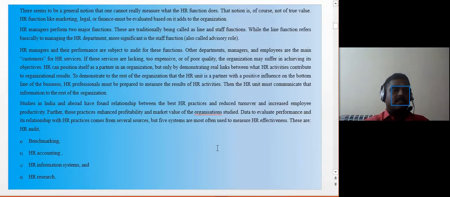HR can position itself as a partner in an organization, but only by demonstrating real links between what HR activities contribute and organizational results.